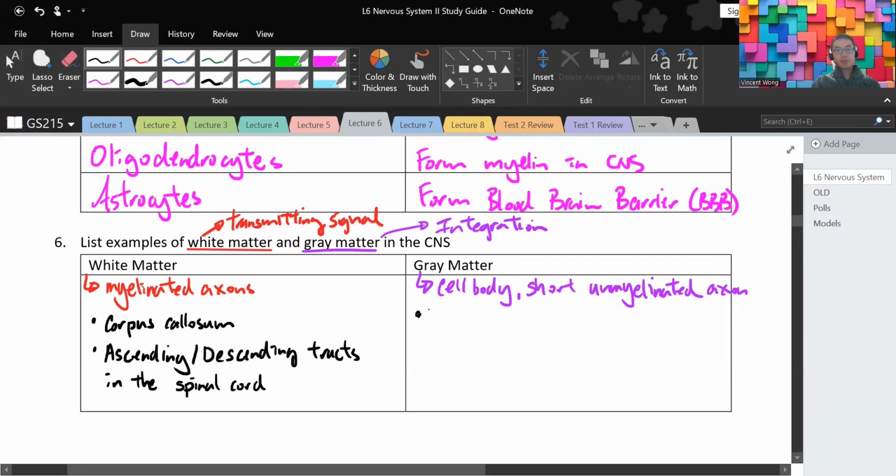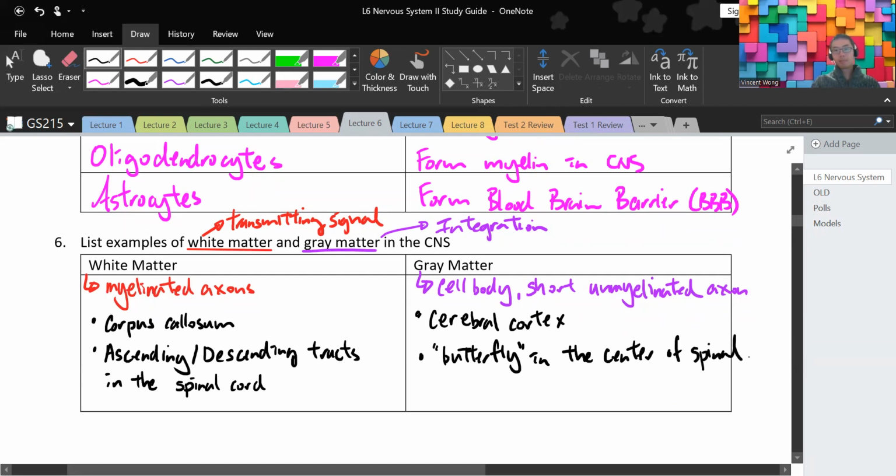For gray matter, we have the cerebral cortex, the outside of the brain. We have the butterfly in the center of the spinal cord. There's a part of the brain called the thalamus.